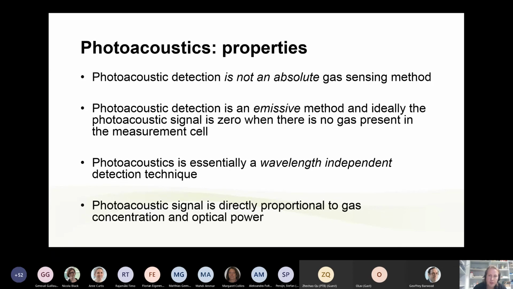One actual drawback in photoacoustics is that the photoacoustic response can and often will depend on the composition of the gas, as gases have different thermal and acoustic properties. Another challenge is relaxation issues with some gases, which often lead to reduced sensitivity.